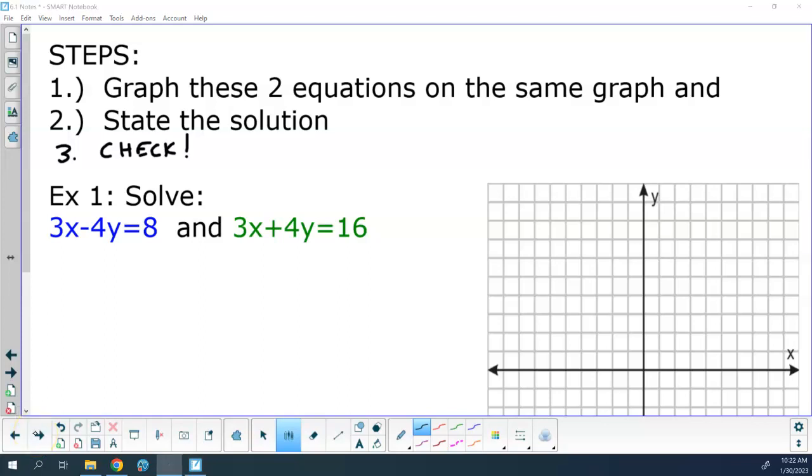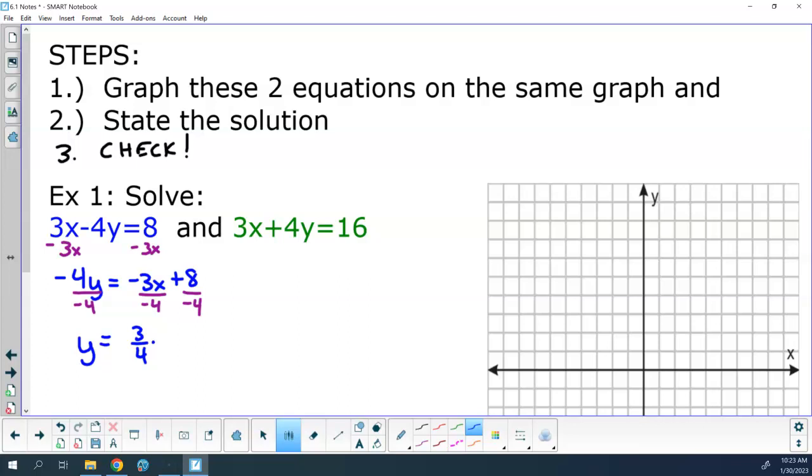So instead, how about we go y equals mx plus b? If I solve this equation for y, I would first off subtract 3x. Then I would divide every term by negative 4. And that's going to give me y equals positive 3/4 x minus 2.